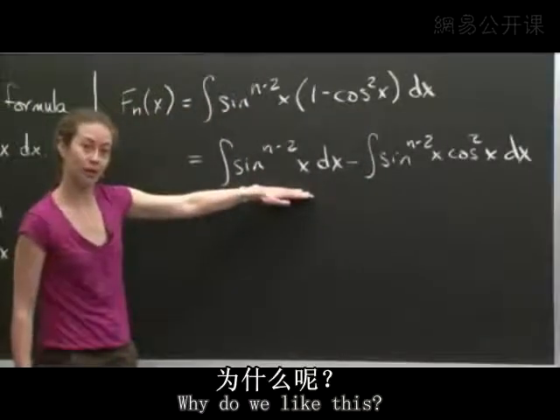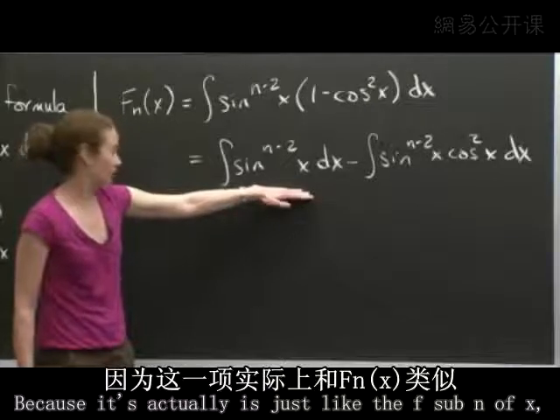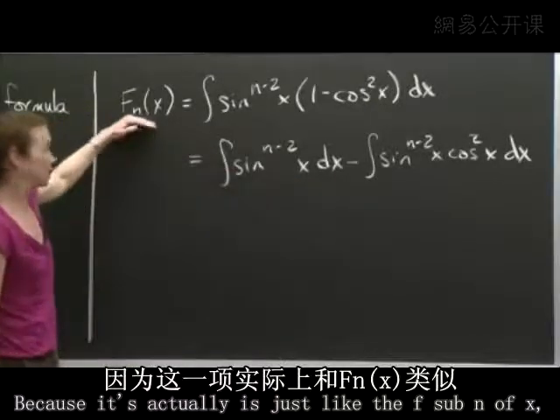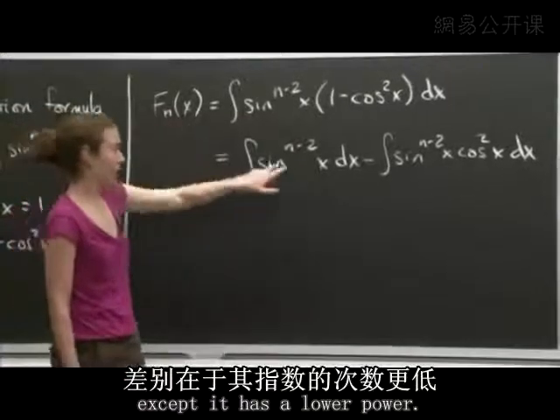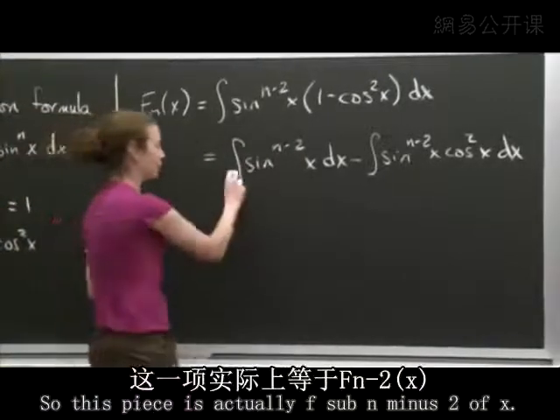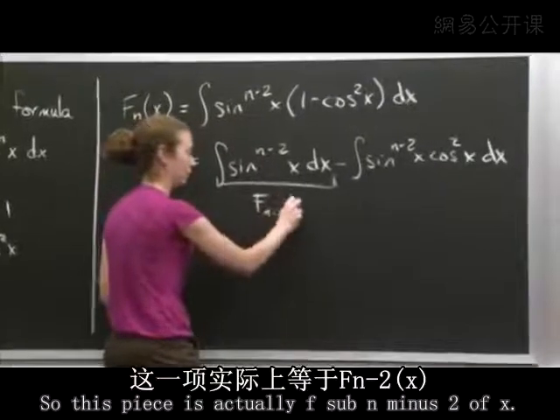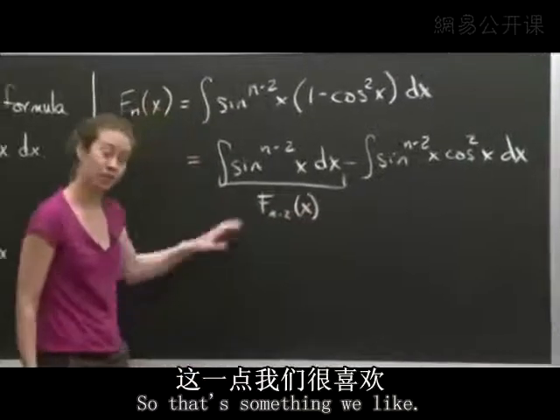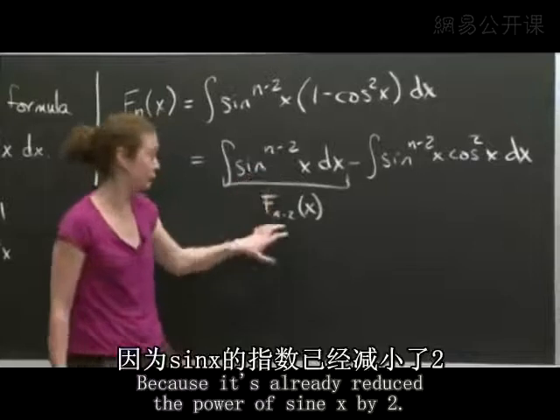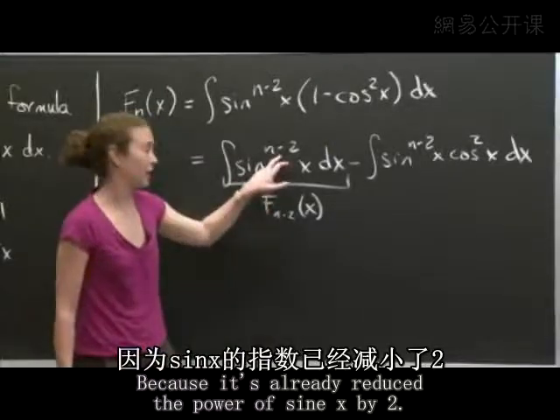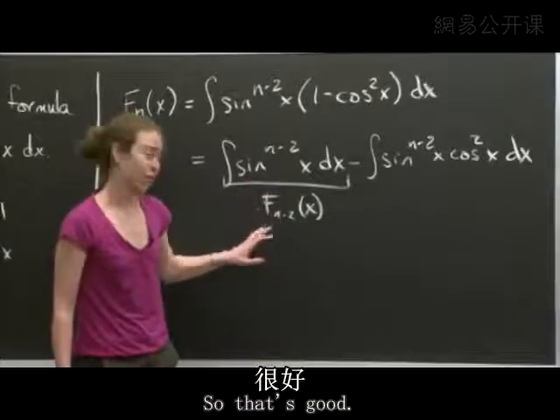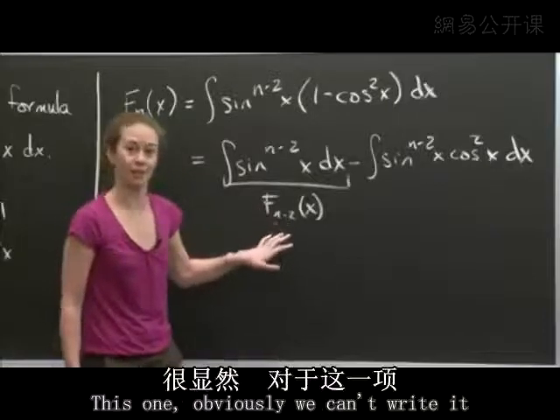Why do we like this? Because it's actually just like the f sub n of x, except it has a lower power. So this piece is actually f sub n minus 2 of x. So that's something we like, because it's already reduced the power of sine x by 2. So that's good. That's part of the reduction idea.